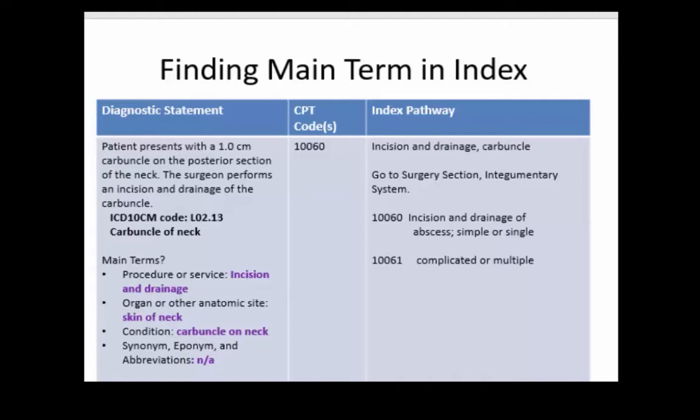If the physician had documented a lot more information that would qualify for a complicated, or if he had drained multiple abscesses, then you would use the 10061. Okay?